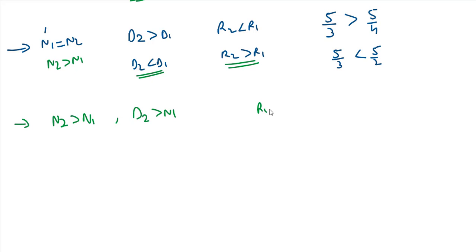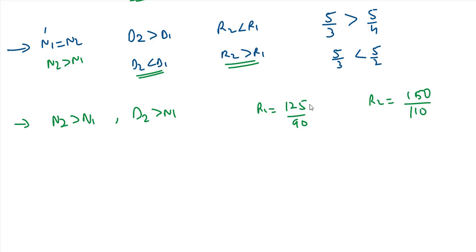Let's say the first ratio R1 is 125 upon 90 and your second ratio is 150 upon 110. So in this case, your numerator is also increasing and your denominator is also increasing. So we cannot conclude directly whether R2 is bigger than R1 or R1 is bigger than R2. So in this case, we'll have to make some calculations.